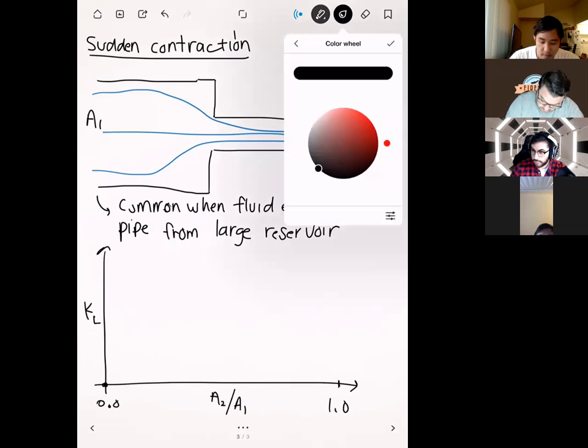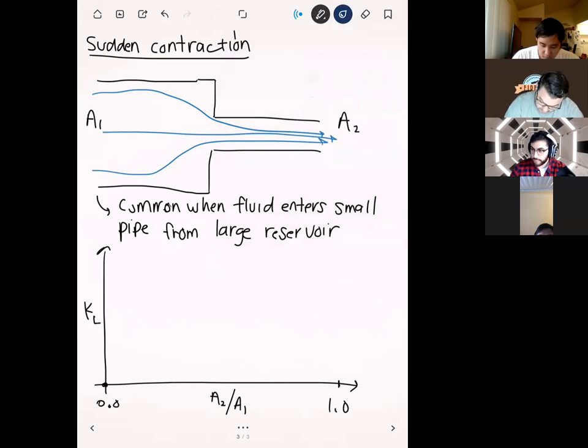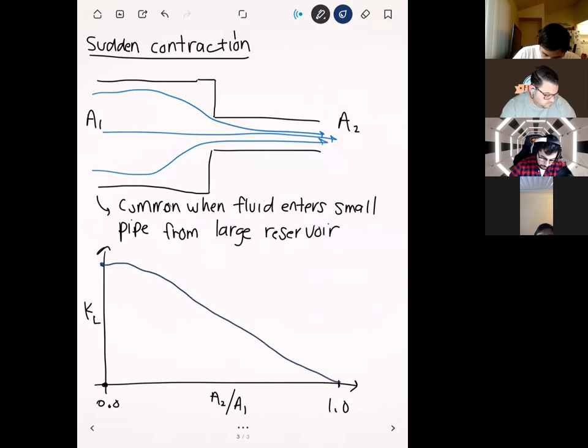Typically, as the ratio of the areas gets bigger, your loss coefficient actually goes down. So the graph looks something like this. Up here is 0.5, and then down here is 0.